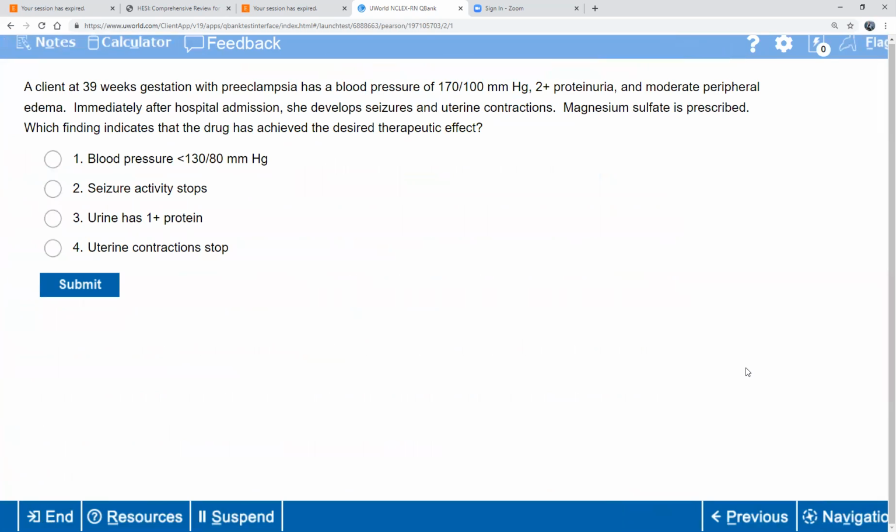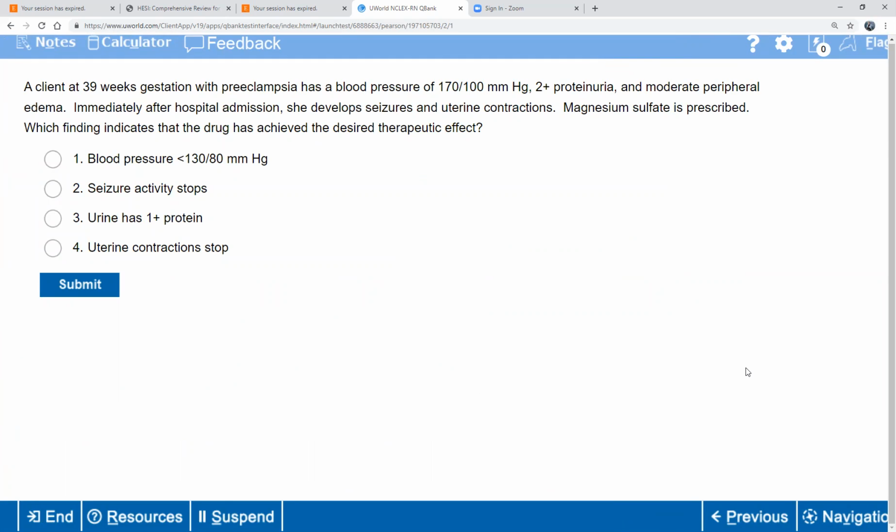A client at 39 weeks gestation with preeclampsia has a blood pressure of 170 over 100, 2+ proteinuria, and moderate peripheral edema. Immediately after hospital admission, she develops seizure and uterine contractions. Magnesium sulfate is prescribed.